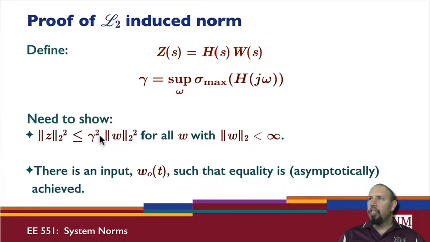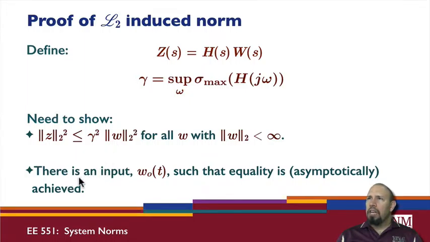That is, I need to show that gamma is an upper bound on this inequality. So remember, the L2 induced norm is equal to the largest ratio of this over this. Okay, the largest ratio. And so I need to show that gamma is greater than or equal to that largest ratio.